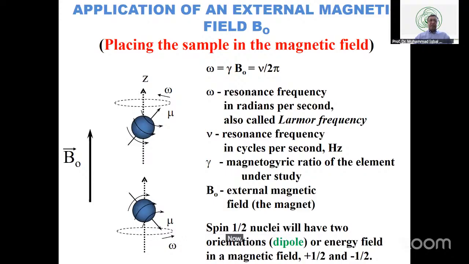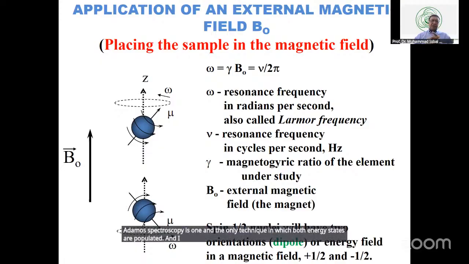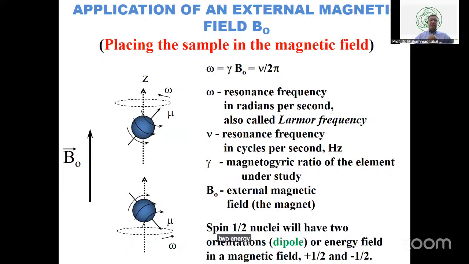I also told you that NMR spectroscopy is one and the only technique in which both energy states are populated. The reason is that the difference between the two energy states is so small that there is always a movement of nuclear spin up and down. As a result, even in dipolar nuclei, the difference in population of the two energy states is very low.